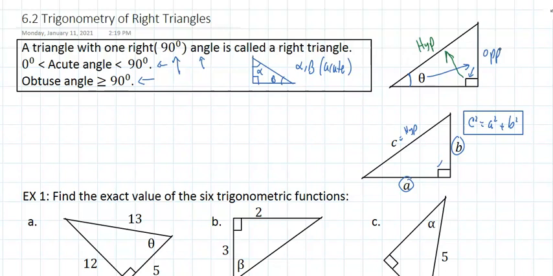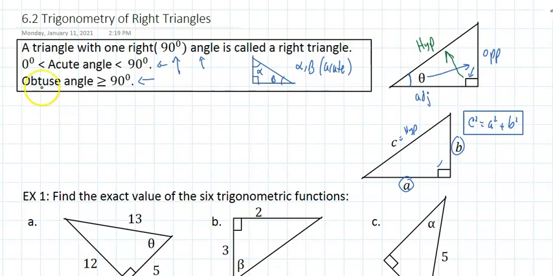The one side left that we didn't label, we call the adjacent. So associated with every right triangle are three sides. The hypotenuse is fixed, but the opposite and the adjacent would depend on your choice of theta.